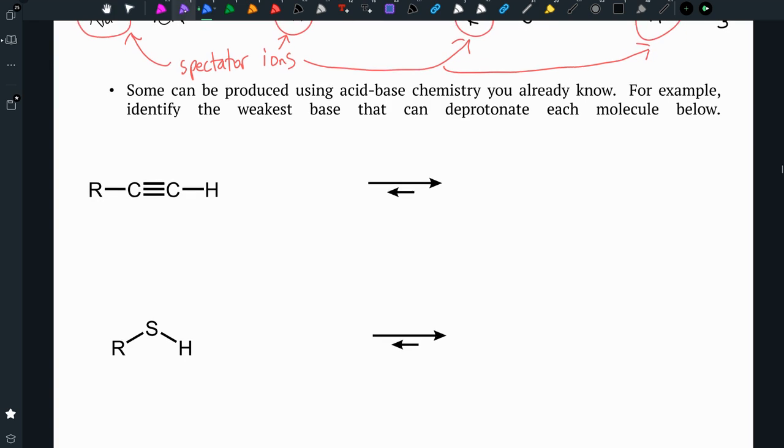So for instance, if I have an alkyne, we would call this a terminal alkyne because the alkyne's at the end of the chain. If I have a terminal alkyne, I know that the pKa is about 24. If I can use a base that has a higher pKa than 24, I can effectively remove that proton from the end.